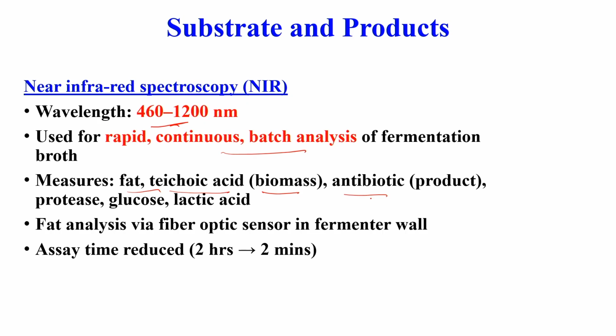They can measure the antibiotic, one example of product, and can measure enzymes, glucose and lactic acid. For example, fat analysis by a fiber optic sensor in the fermenter wall. Once we go with this NIR spectroscopy, the assay time reduces from hours to minutes. So, we can very quickly analyze these parameters.